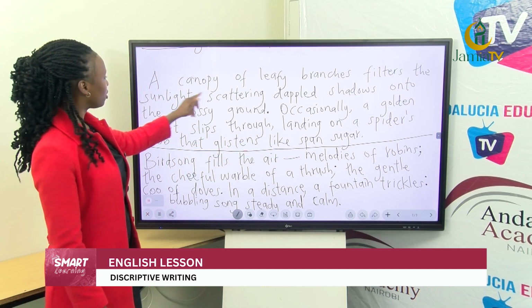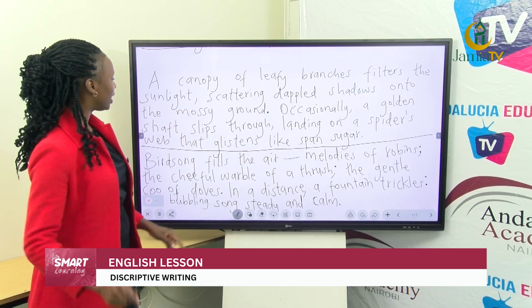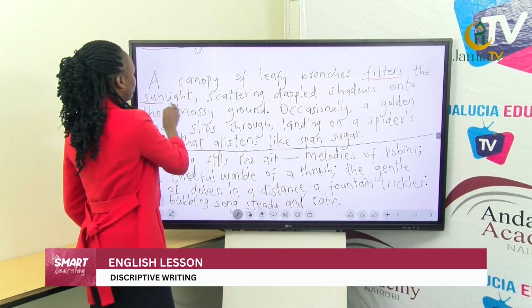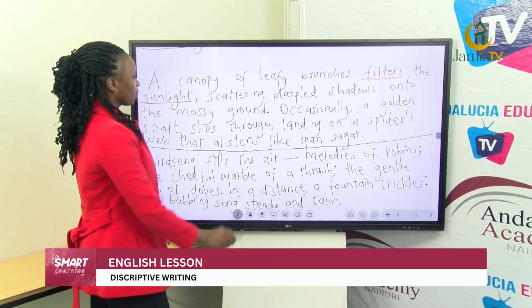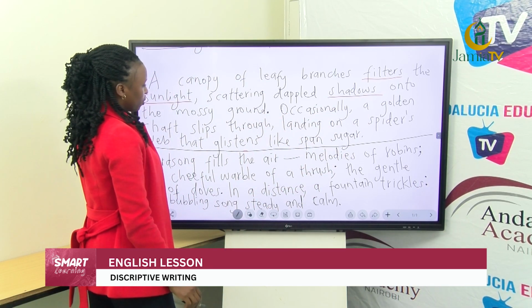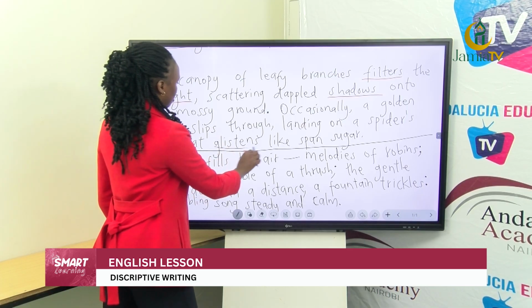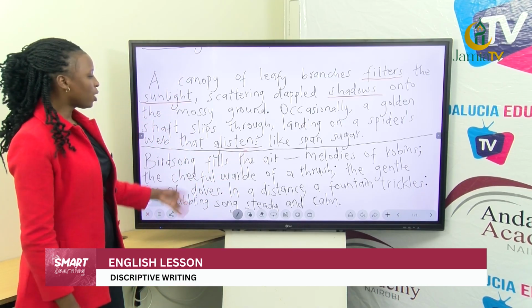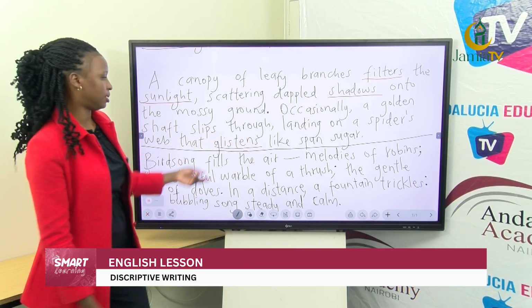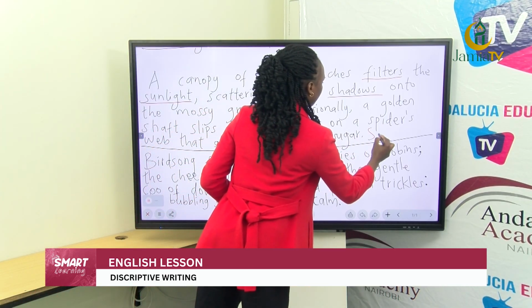We're having a canopy of leafy branches, and I'm going to underline filters. I'll underline sunlight, I'm going to underline shadow, and what else? Glistens. We are appealing to the sense of sight. So we have the sense of sight here.